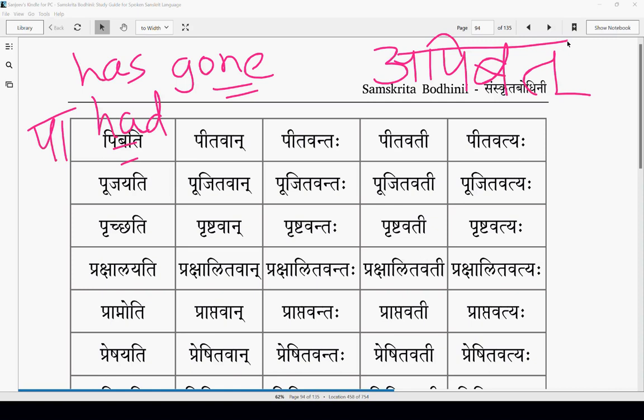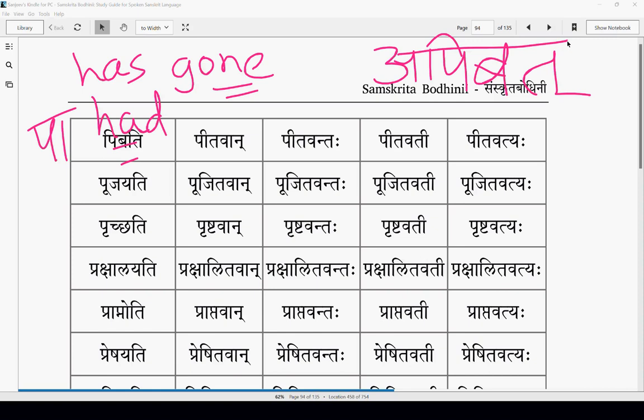So when you want to say he drank water, it is better to use apibat, because that is what conveys the drank meaning there. He drank jalam: Saha jalam apibat. That is absolute. That means the kriya has definitely finished.